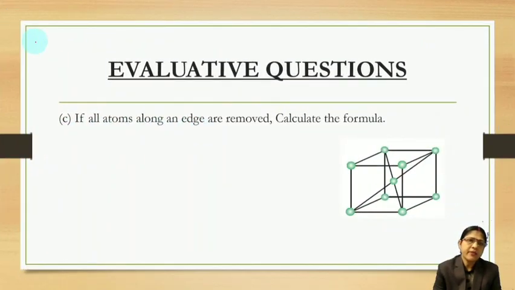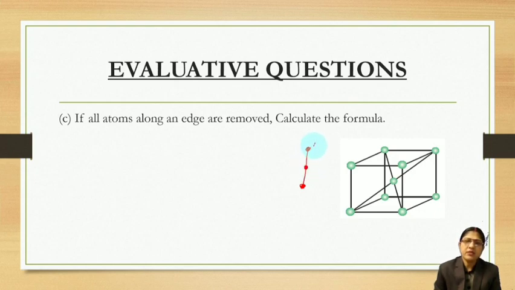The next one, if all atoms along an edge are removed, then we have to calculate the formula. Along an edge, so we will consider only an edge. So 2 corner atoms are present on an edge and 1 edge center atom, right?